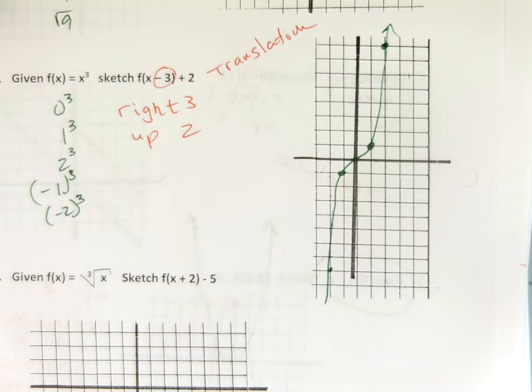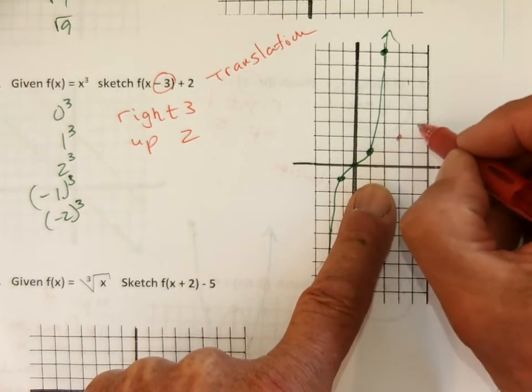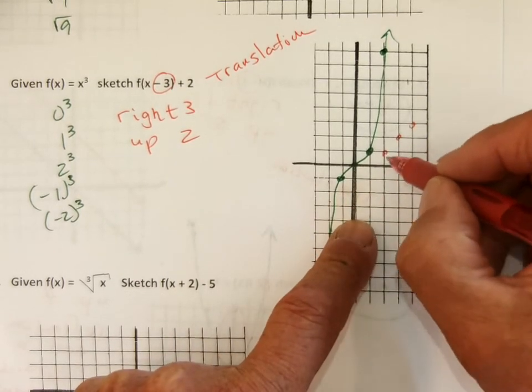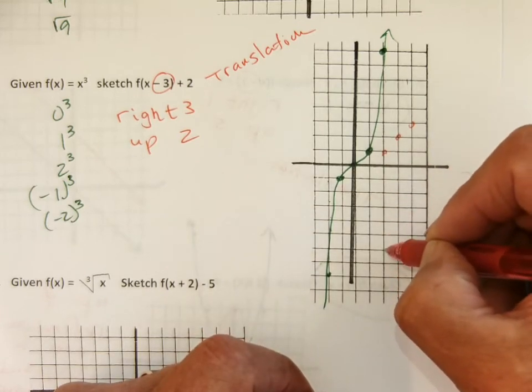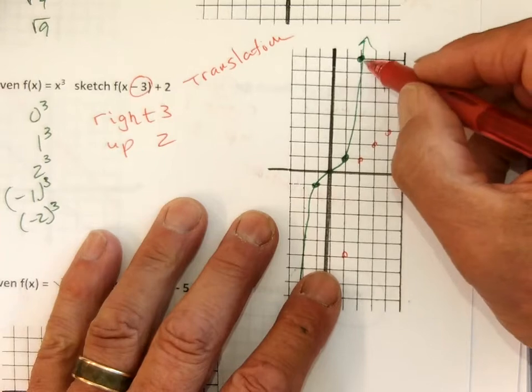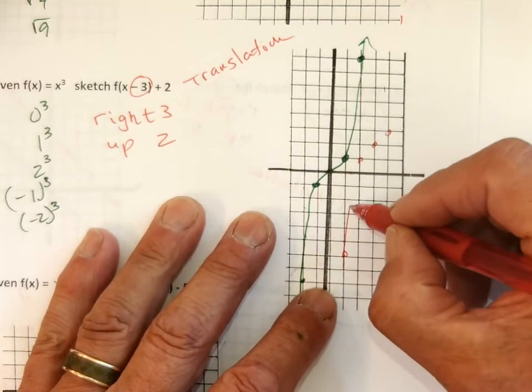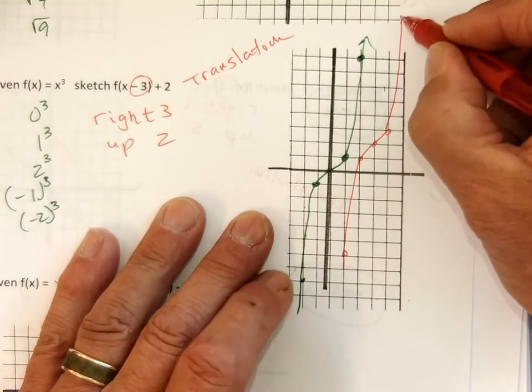It's called an inflection point. Don't worry about that word yet. I'm going to take the inflection point and I'll move it 3, 2, and put my graph there. Okay, does that make sense? Okay, 1, 2, 3, 4, 5, 6. And it looks something like that.